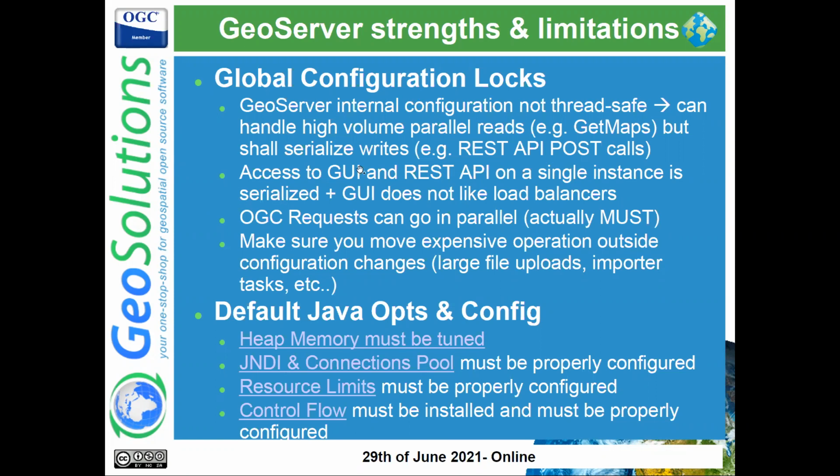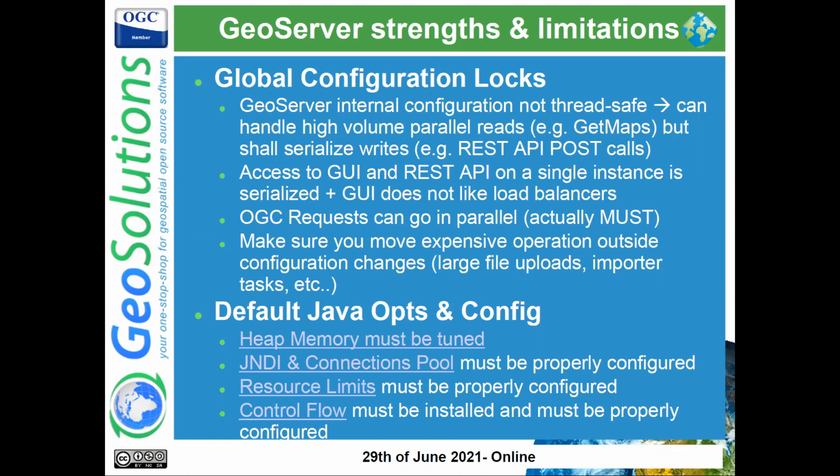OGC requests, on the other hand, of course, can go in parallel and must go in parallel. Operations like GetMap, GetFeature, all of the nice OGC operations that we use to access our data in GeoServer, they should go in parallel. For the reason I mentioned above, you should try to keep expensive operations outside of configuration changes.